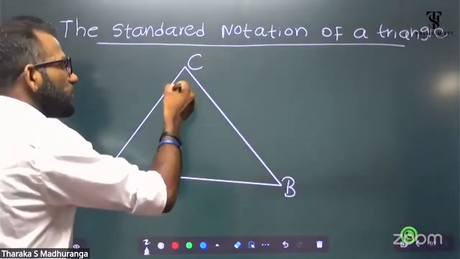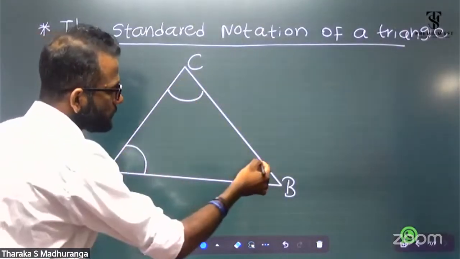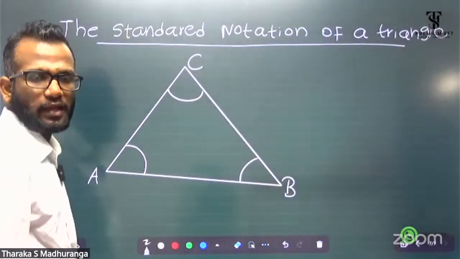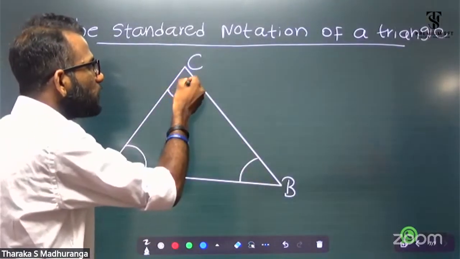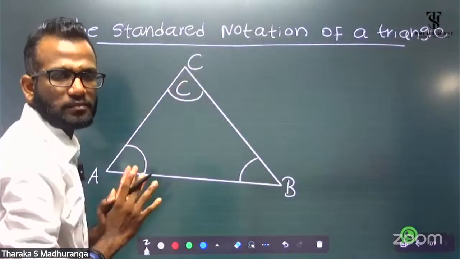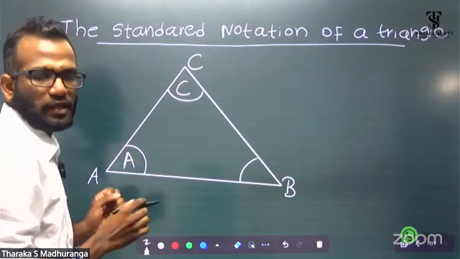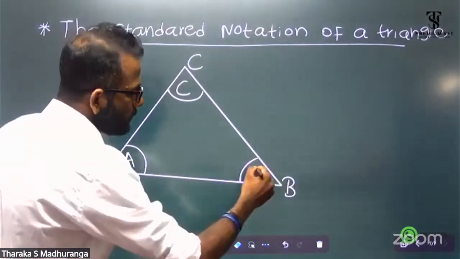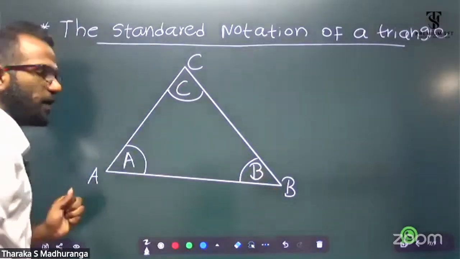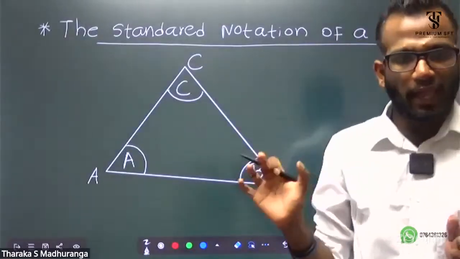Now there are 3 angles, right? This angle we call capital C angle. Vertex and angle have the same name. This is capital A angle. This is capital B angle. Okay, 3 vertices and 3 angles are labeled.